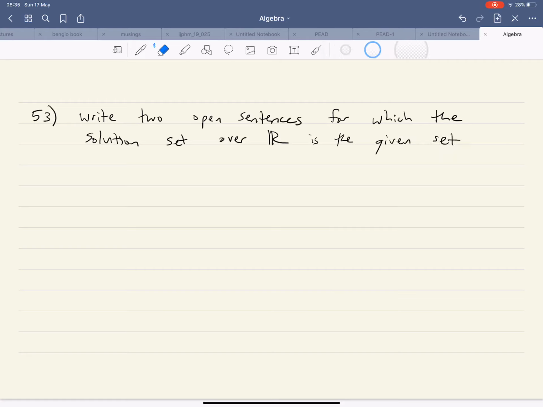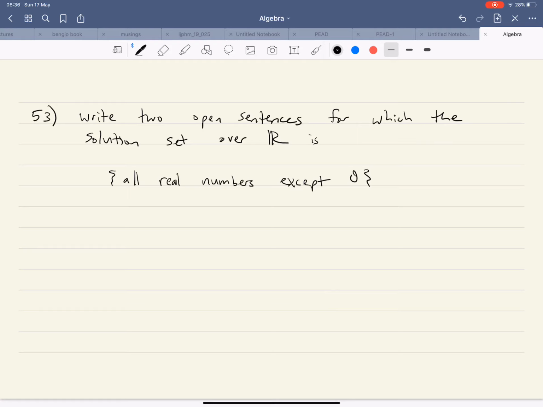And in our case, the given set is all real numbers except 0. So I want to write 2 open sentences where my solution set over the domain real numbers is all real numbers except 0.